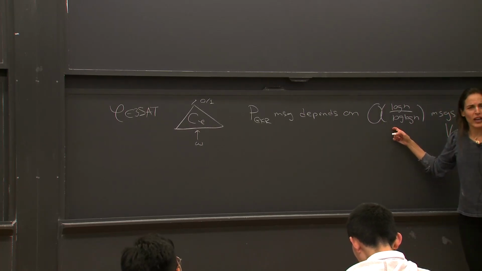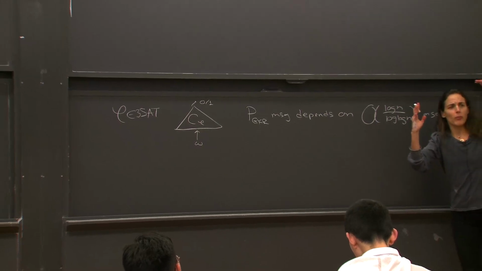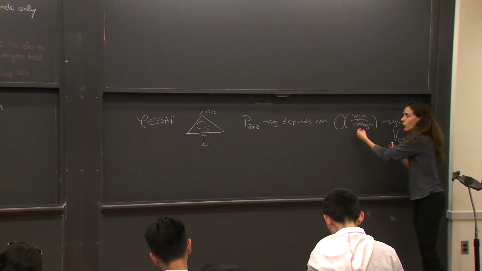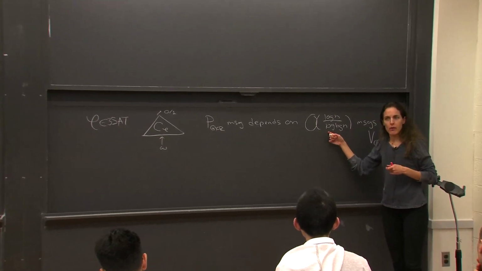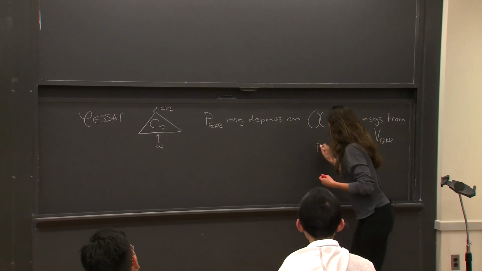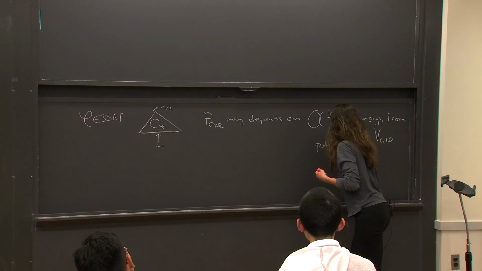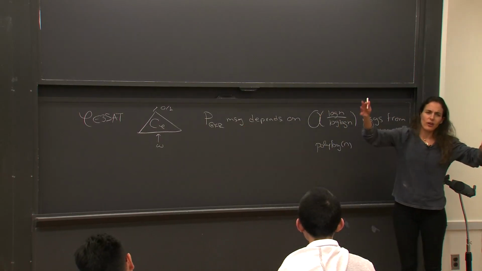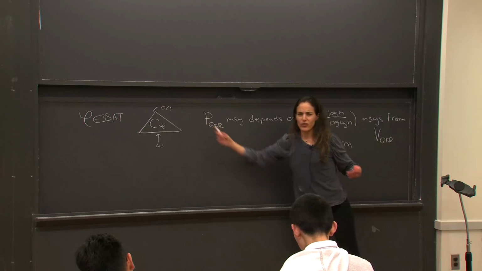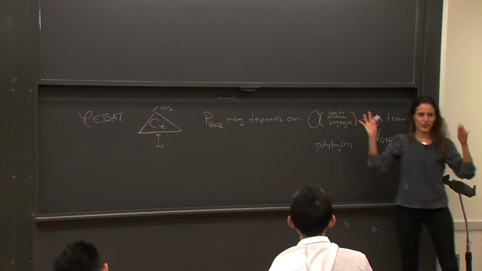If you remember when we did GKR, it was a bunch of sum checks, and each sum check was over m or 3m variables. This is the m. And the field is polylog n. And here n is the size of the circuit, so think of it as the size of the witness, the size of the 3CNF. It's all up to polynomial factors. It doesn't matter.